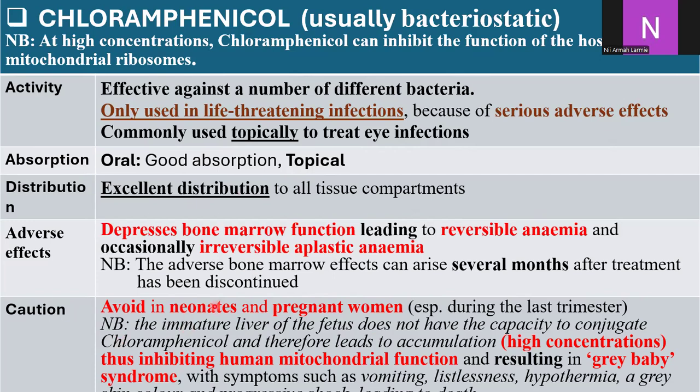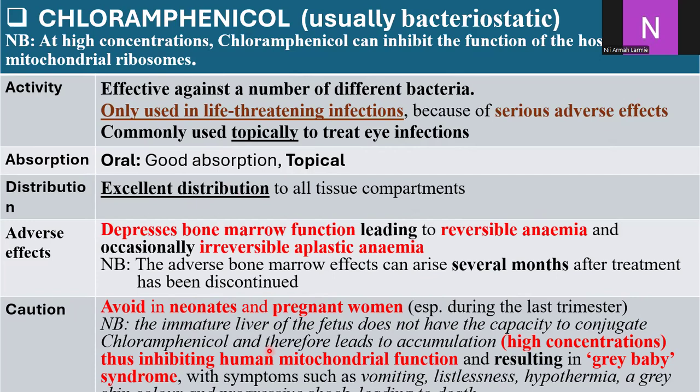And high concentrations of chloramphenicol is what leads to the serious side effect, as it binds to human mitochondria and inhibits human mitochondrial function. For children and neonates, it manifests as gray baby syndrome. This you can see in symptoms like vomiting, restlessness, hypothermia, etc. This is gray baby syndrome.